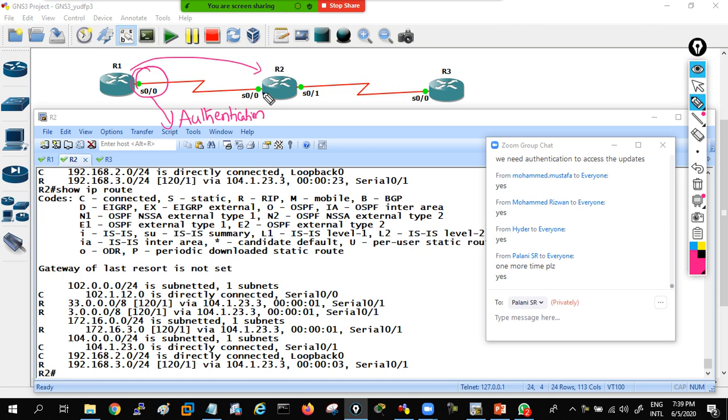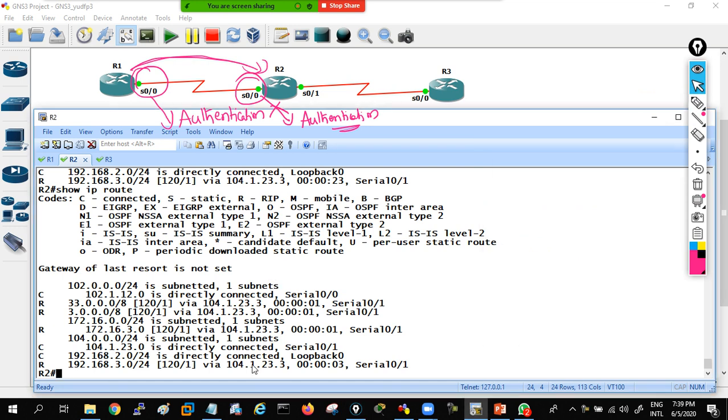And on the other side, in router 2, you connected this interface, you didn't configure authentication. So the moment there is no authentication here in router 2, router 1 will not send his updates there. Why? Before he sends his updates, he checks whether authentication is there or not. That's why he is not able to send his updates.